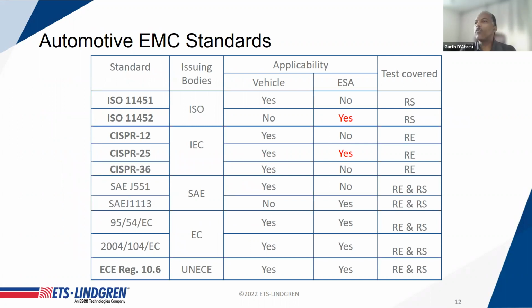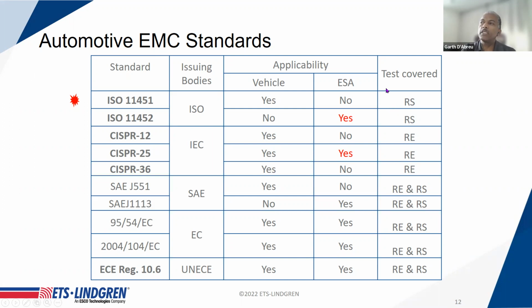This is a little overview of the main documents. The ISO standard, as I mentioned, is associated with full vehicle immunity. The last digit in the number is the giveaway. The 452 is associated with electronic or electrical subassembly and component immunity measurements.